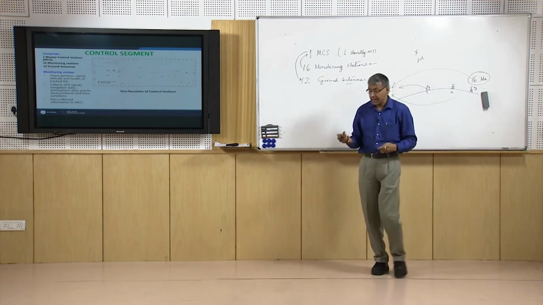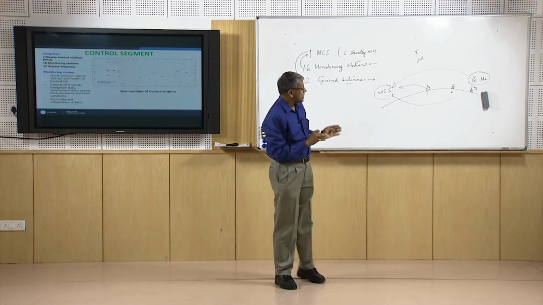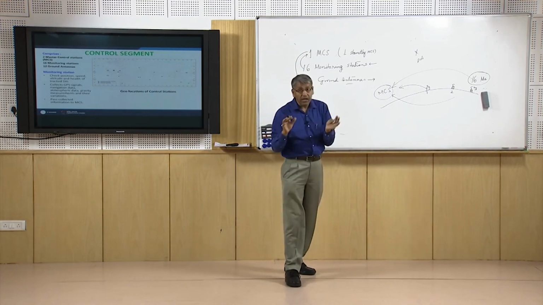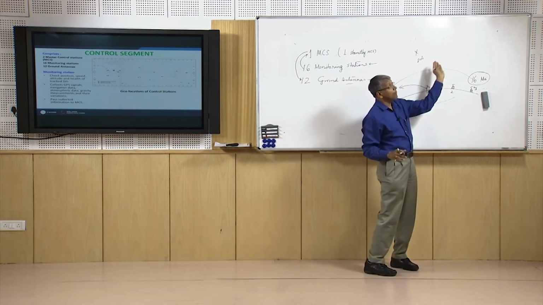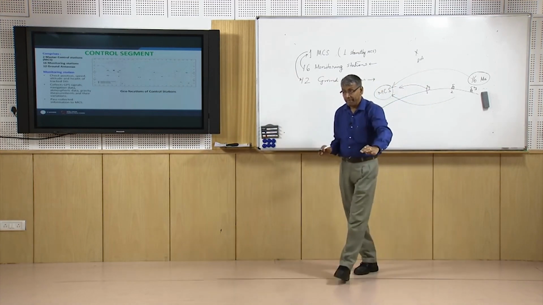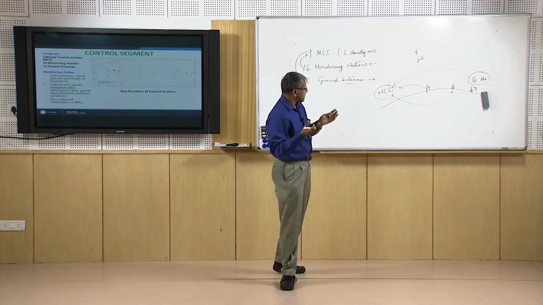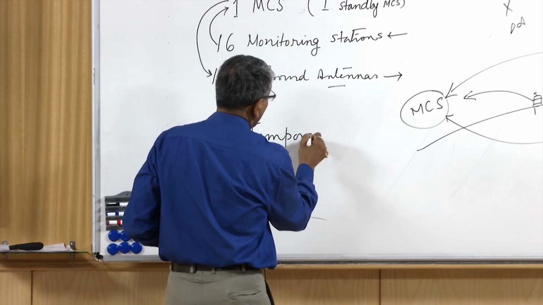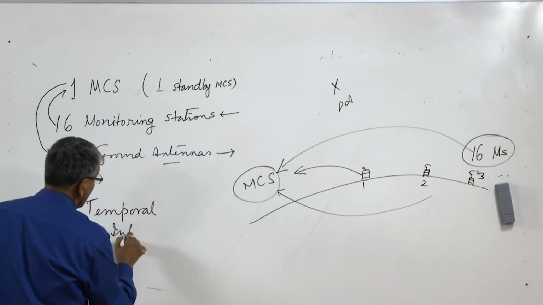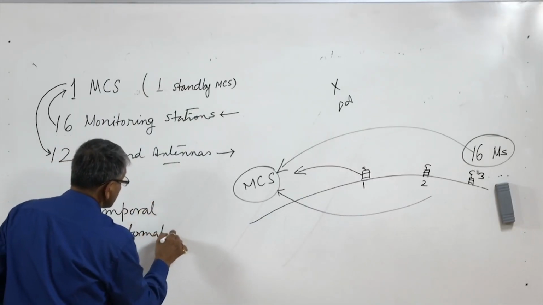So in a single day the master control station will receive 32 sets of information about the same satellite over a period of a day. So that is temporal information about a single satellite over a day.